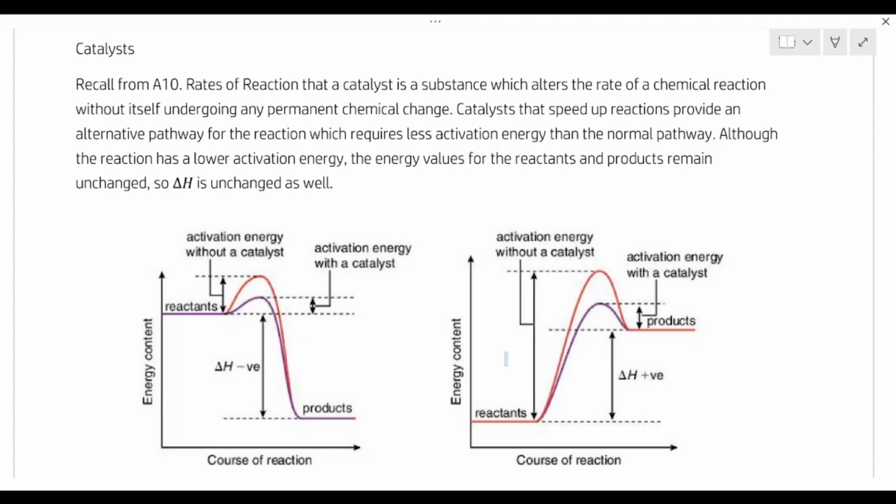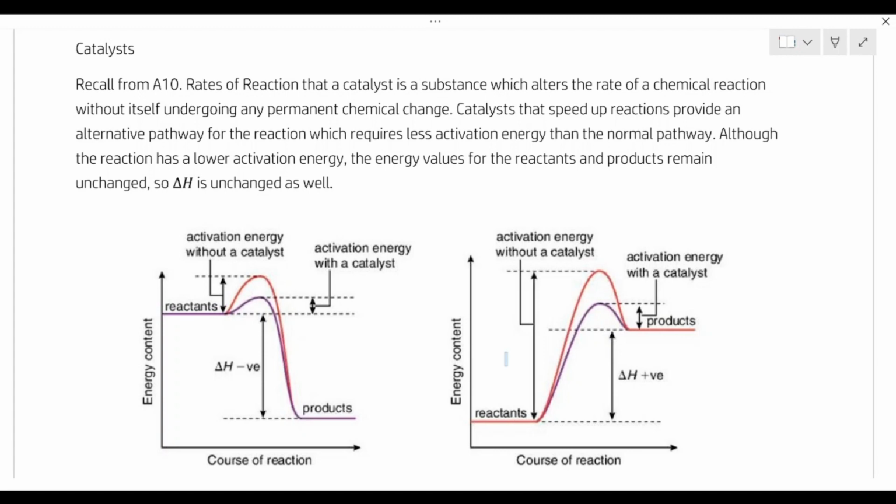Again, catalysts say, here's another pathway for your reaction, and this pathway requires less activation energy. And you want to do what's energetically favorable. So in reactions that are sped up by catalysts, the alternative pathway that requires less activation energy is taken. Although the reaction has a lower activation energy, the energy values for the reactants and the products remain unchanged. So delta H is unchanged as well.